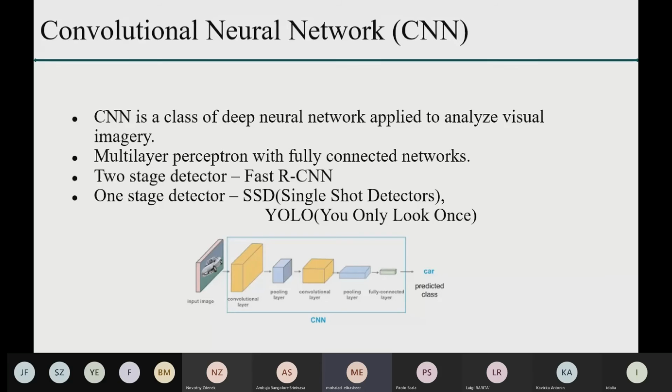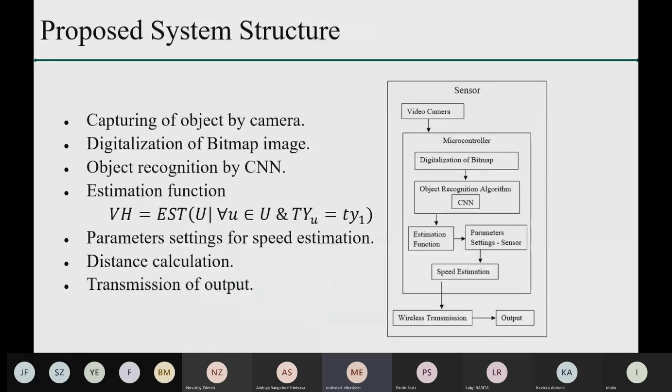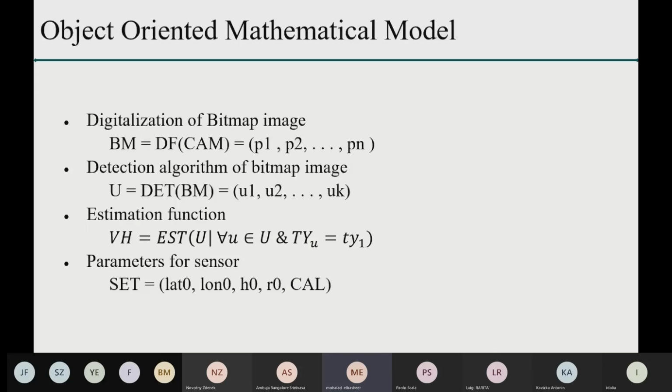Our algorithm in this work is built on the basis of You Only Look Once. This is our proposed system structure. As of now, we wanted to check the workability of the system through simulation, but any hardware sensor would look like this: a module with a microcontroller to do the computation and transmit the output through wireless transmission.